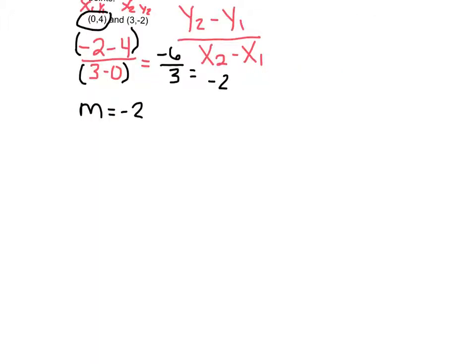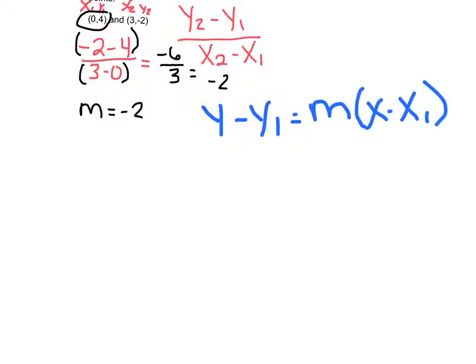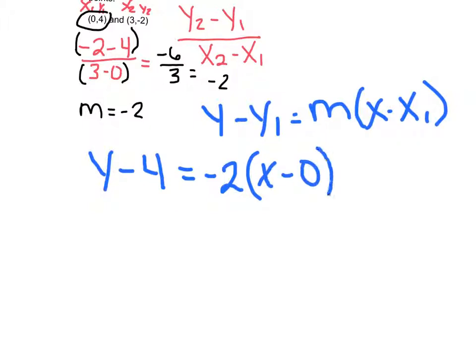My point-slope formula from earlier, that's that y minus y1 equals m times x minus x1. And we're just going to plug these values in. So we got y minus 4 equals negative 2 times x minus 0.